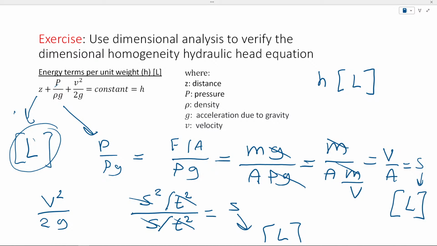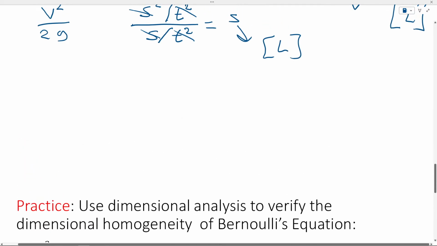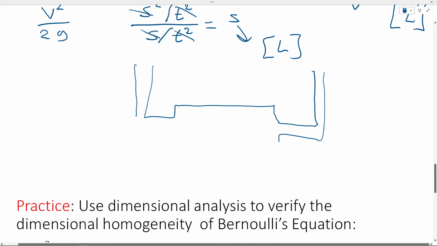Remember the previous example where I showed you a sand column.